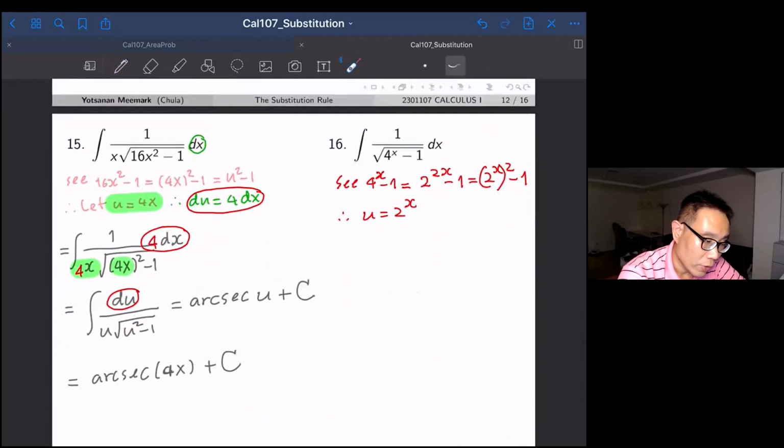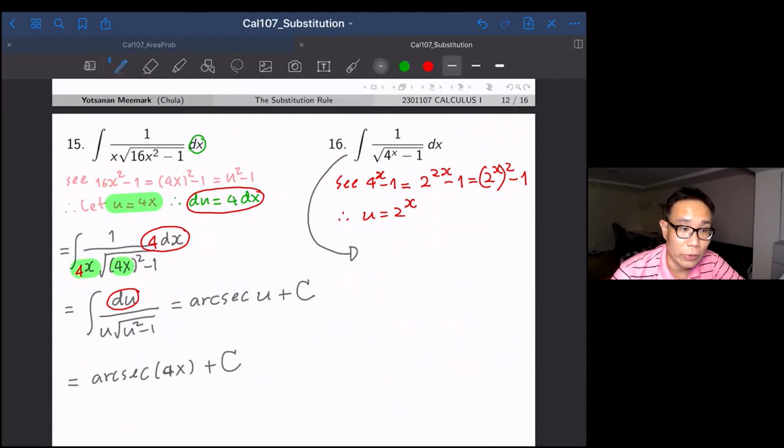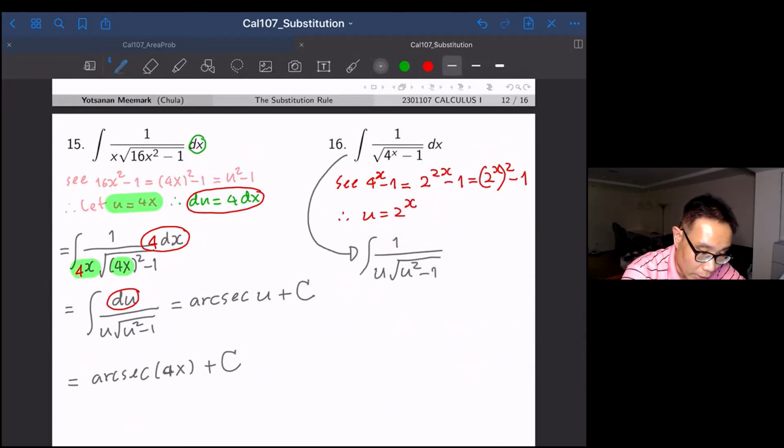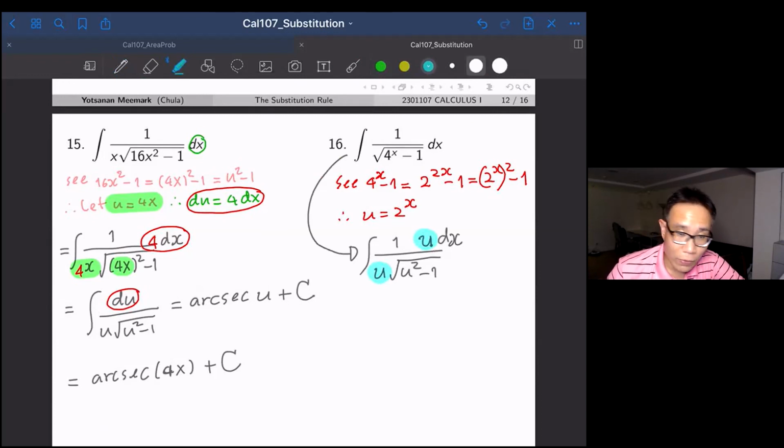So in this case, you're going to try to write this integral in terms of this, so it's going to be 1 over, and you see that this turned out to be u square minus 1, but we do need u here and we do need u here, so you just multiply u on top and u on the bottom, and you have dx. But we don't know about dx yet.